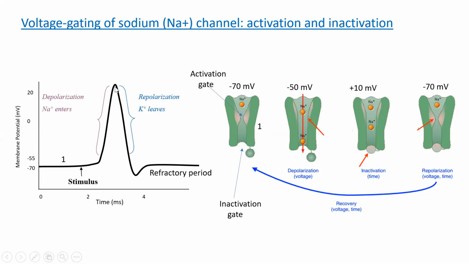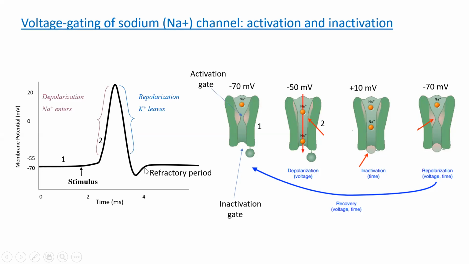But then, even though the activation gate is still open, because the inactivation gate is closed, no more sodium can flow in. Once that happens, the potassium is free to start leaving, and as the potassium leaves, there's no sodium flowing in, and so the potential can return back here.